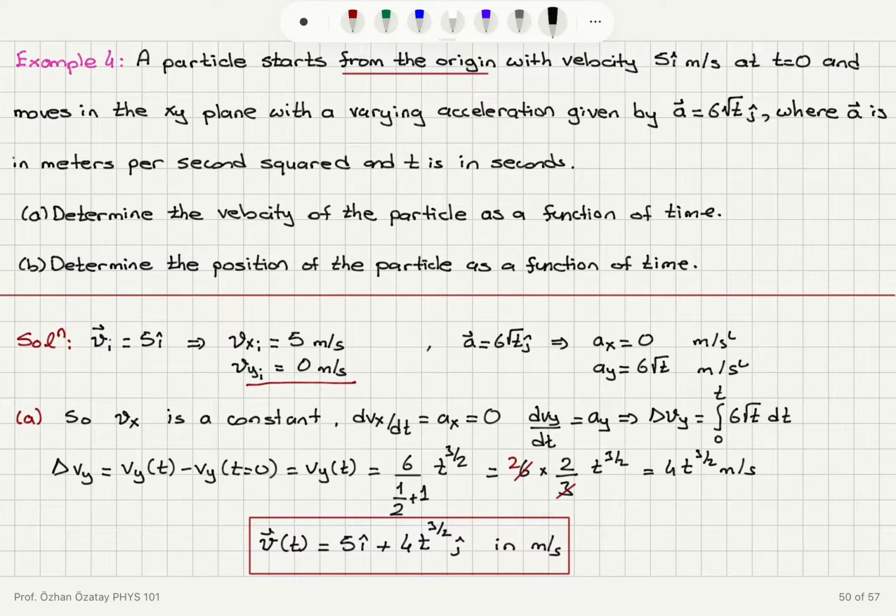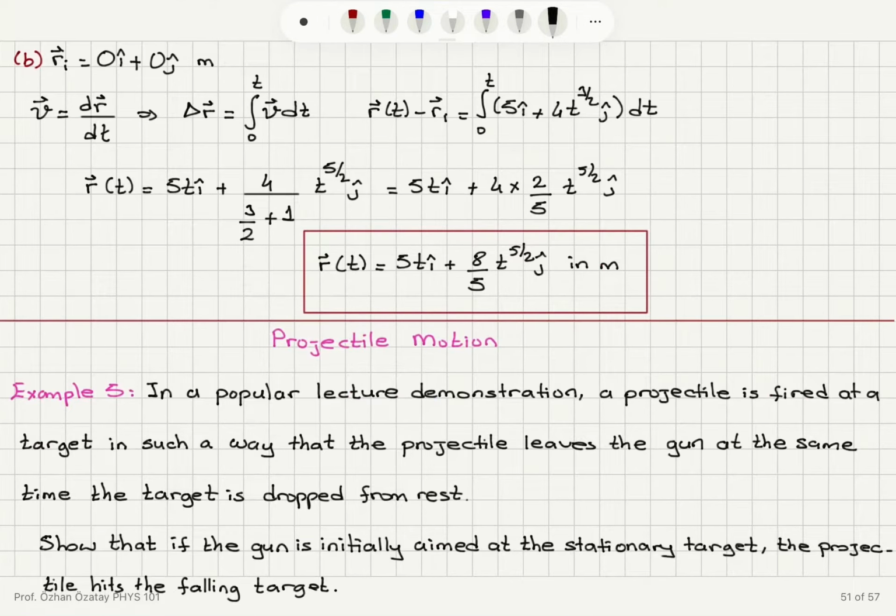So we determine the velocity as a function of time by looking at the acceleration velocity relationship, dvy/dt is ay, and that gives us the time varying y component, and constant x component was 5, so it is 5 i hat plus 4t to the 3/2 j hat. Then we look at the position vector velocity relationship.